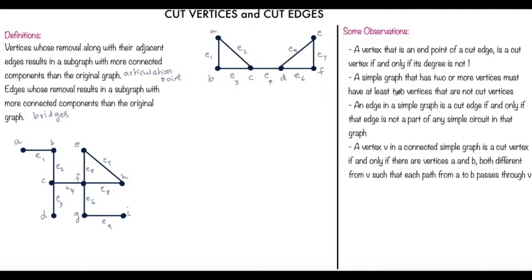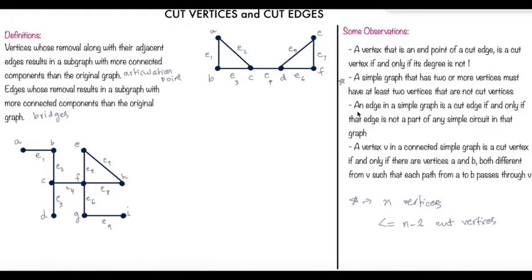So if we have a simple graph with n vertices, we should always have less than or equal to n minus 2 cut vertices. This is another thing we need to keep in mind.